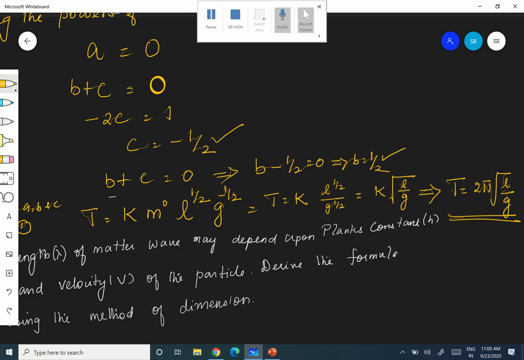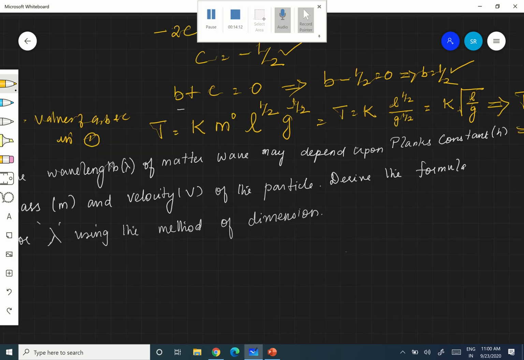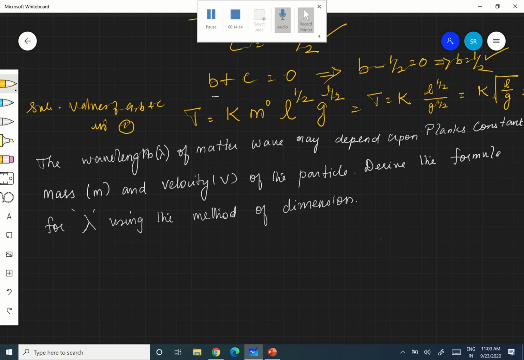Now we'll go to the next, second one. The wavelength lambda of matter wave may depend upon Planck's constant h, mass m and velocity v of the particle.